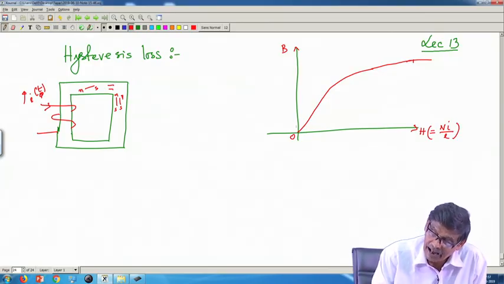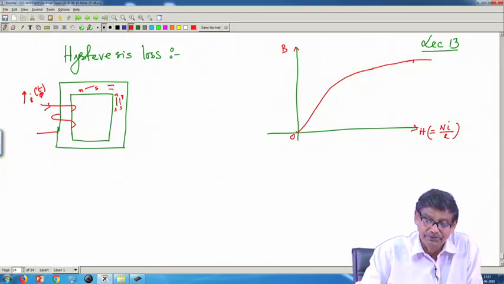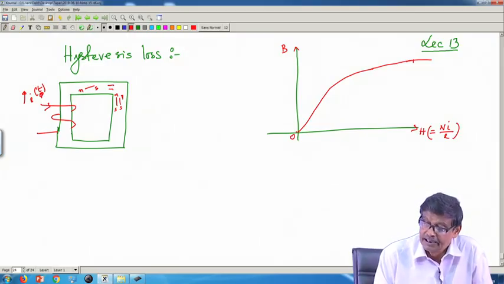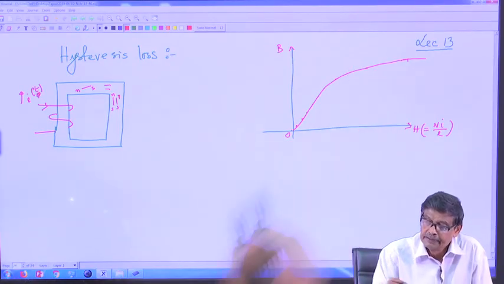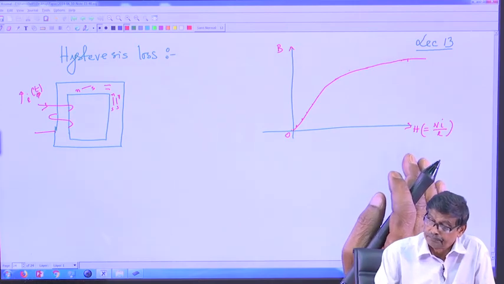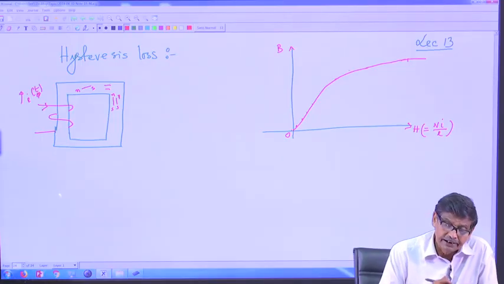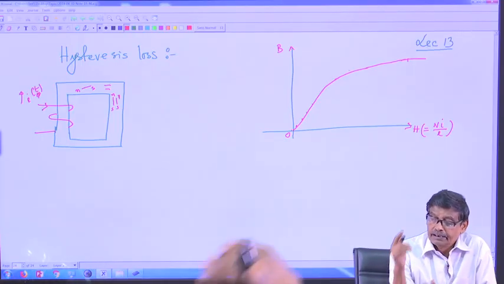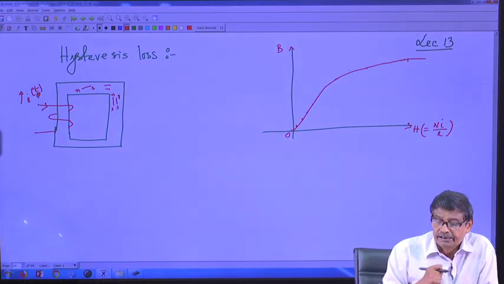Now, suppose I am increasing the value of H, but this we will see, that what is the effect of hysteresis. As you go on increasing the current, B increases starting from 0, it goes like this here. Before I tell you about that hysteresis loss or hysteresis loop, let us try to understand one important thing, because I have to after all estimate the hysteresis loss.